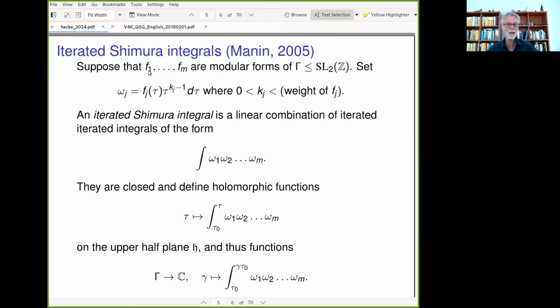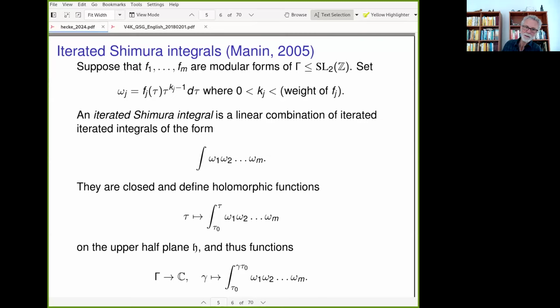And we'll take the form omega j to be f_j(tau) times tau to the k_j minus 1, where k_j is some positive integer that is bounded above and strictly less than the weight of that modular form.